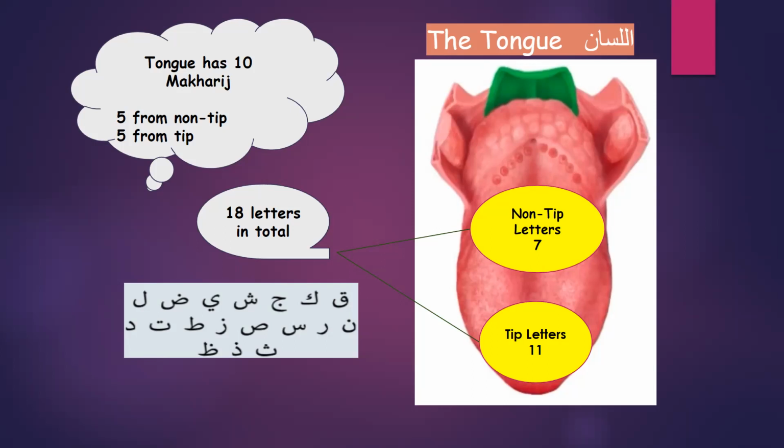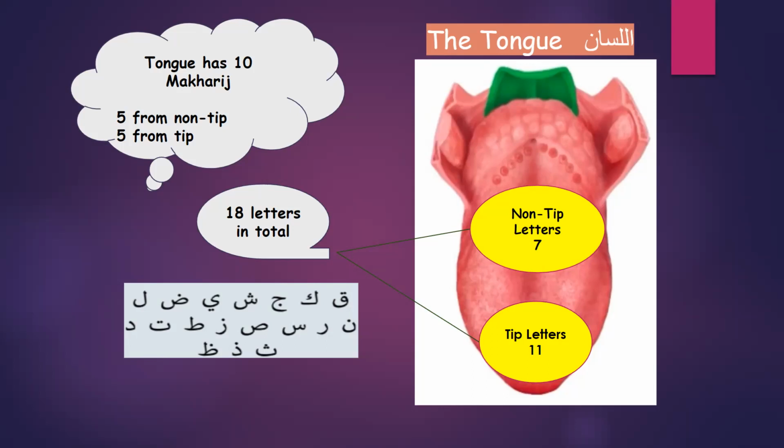And the taraf al-lisan is the one which is called tip of the tongue letters. Okay, taraf al-lisan is the tip of the tongue letters, and ghayr taraf al-lisan, which is the non-tip, is the one which includes the aqsa lisan, wasat al-lisan, hafat al-lisan. I hope this will help, inshallah.